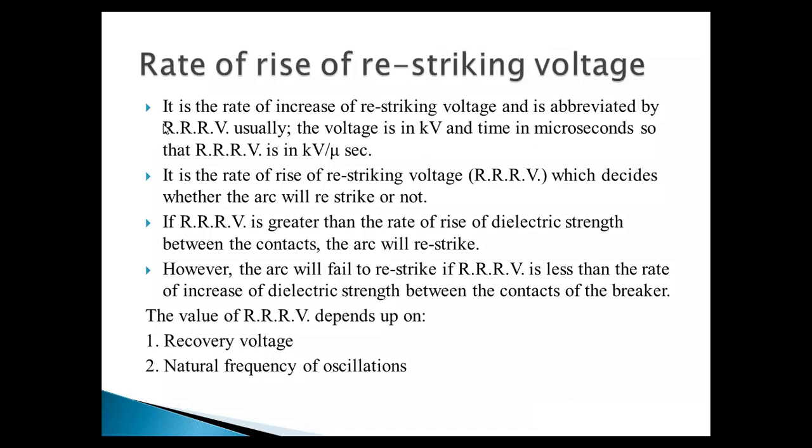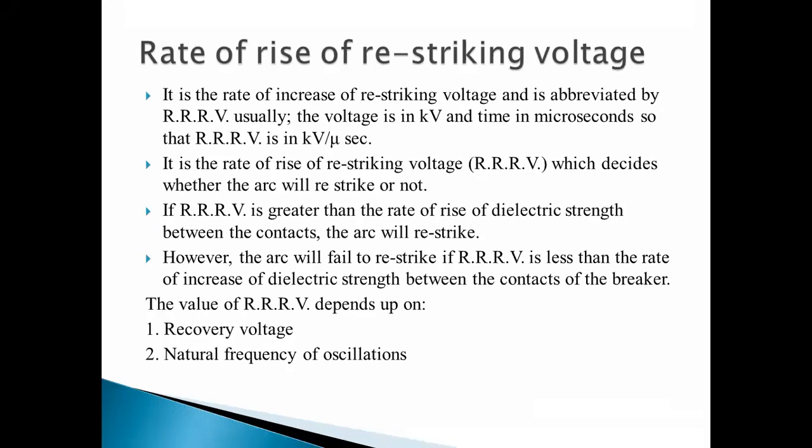And if the dielectric strength decreases, then what is the effect on this RRRV? This RRRV is the rate of rise of restriking voltage, and remember it is measured in kilovolt per microsecond. So remember its unit also, and its value depends upon the recovery voltage and the natural frequency of oscillations.